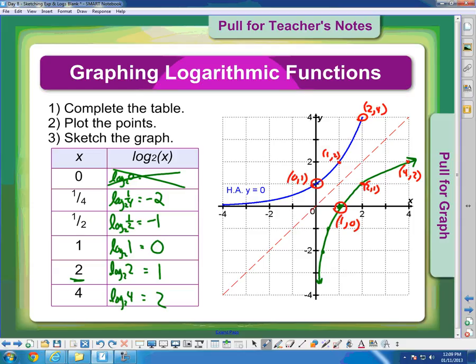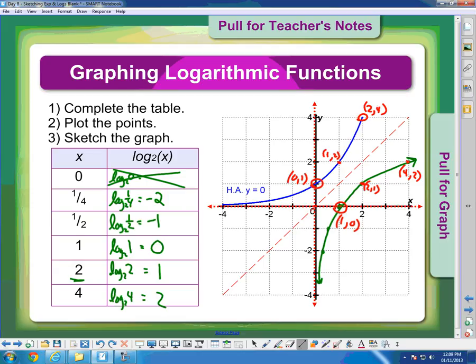The other thing that's an inverse is the asymptote. The original exponential function has a horizontal asymptote at y equals 0. Well, what if you do the inverse of that? That results in a vertical asymptote at x equals 0.